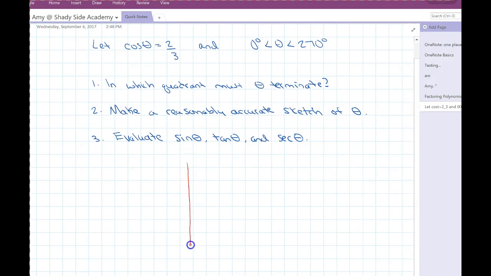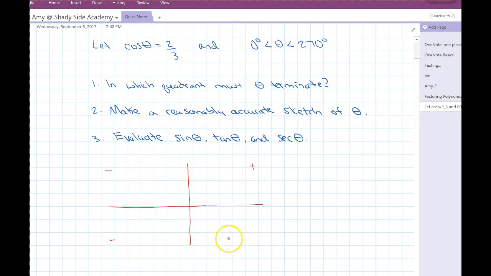I'm just going to put an axes here. And let's think about what we know about the sign of cosine. I know that cosine is positive in quadrant 1. It's negative in quadrant 2. It's negative in quadrant 3. And it's positive in quadrant 4.